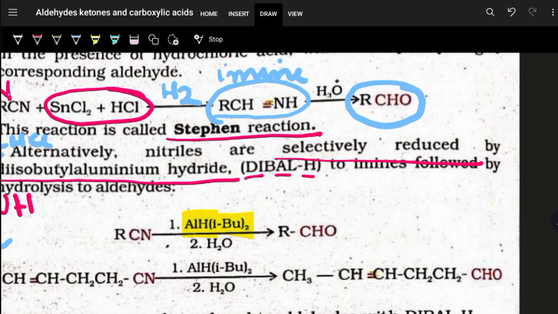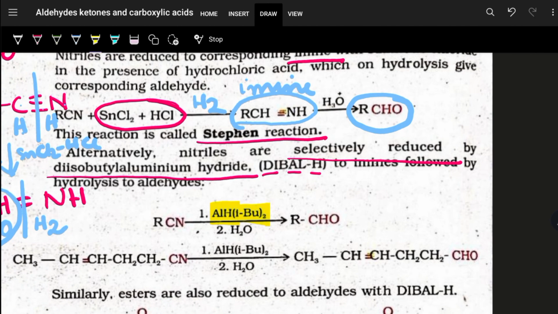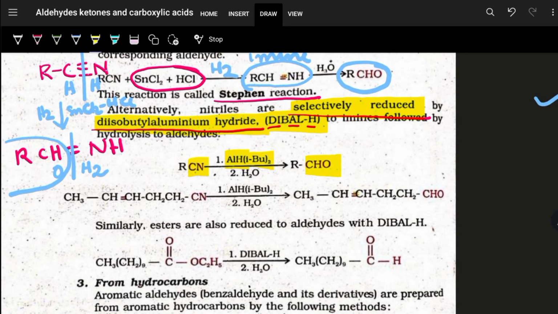Second is hydrolysis, followed by hydrolysis, and it gives you selectively CN gets converted to CHO, and it is a selective reduction method using diisobutyl aluminium hydride. So much selective that it is keeping this C double bonded C system unaffected in the product, and it is actually reducing CN to CHO selectively.